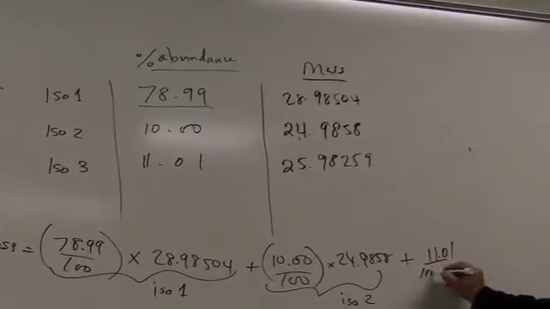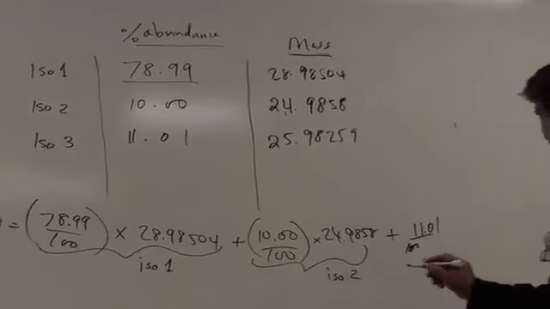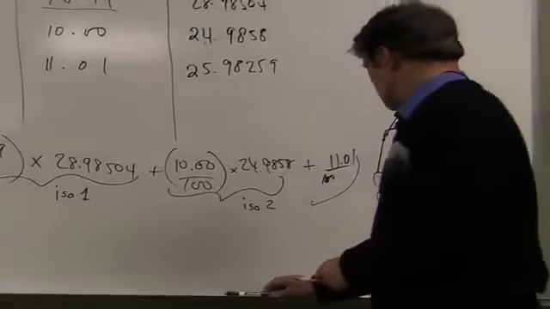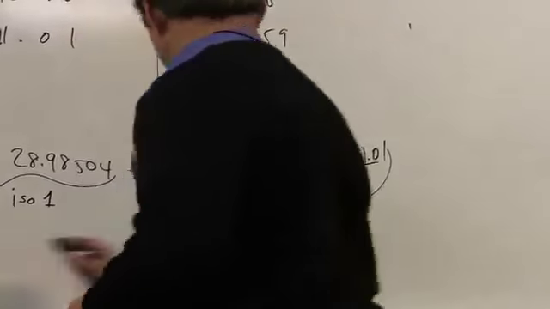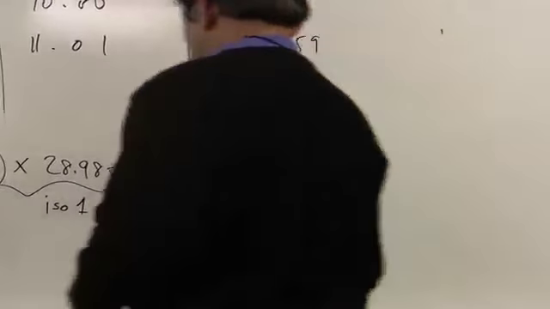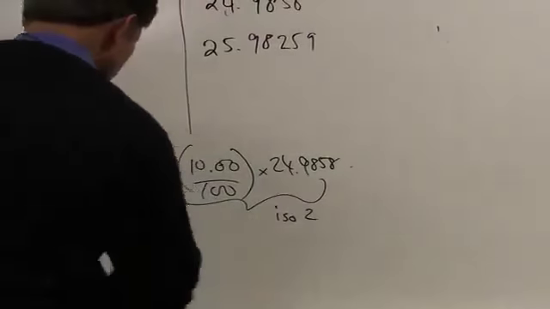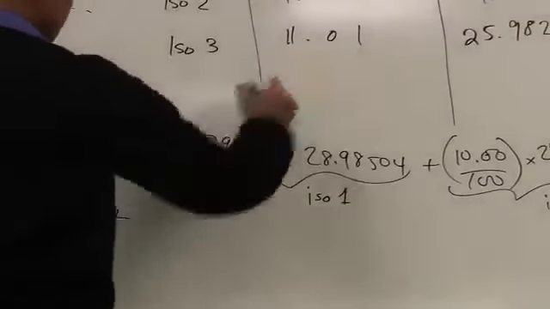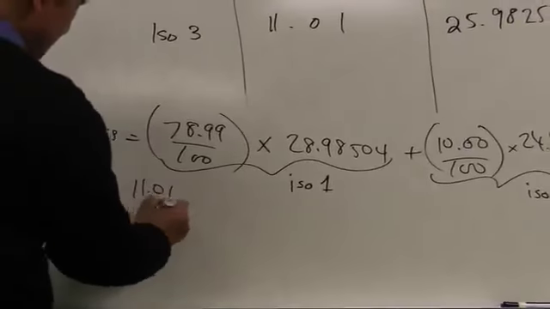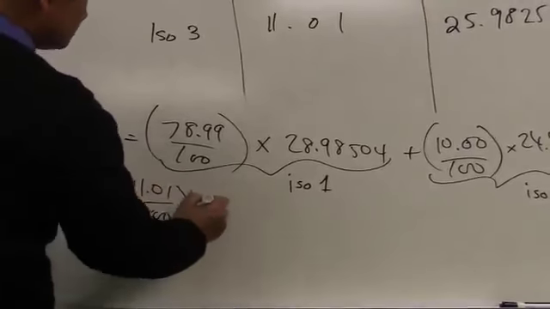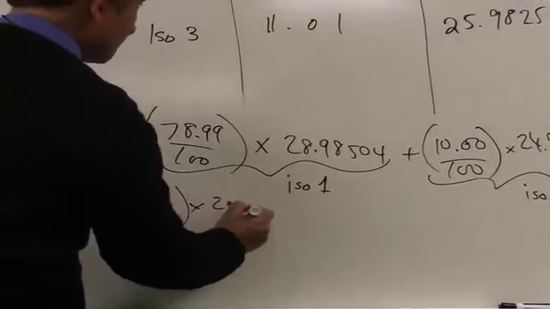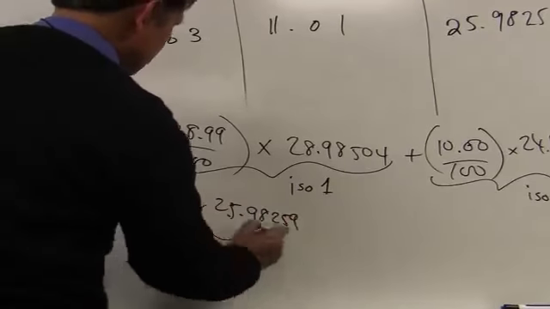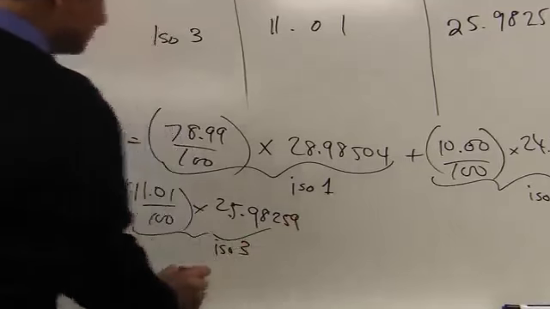I guess I'm getting too close to the edge, so I think I need to write down here. Let me rewrite this. You probably can't see this. The third contribution will be coming from here, 11.01 divided by 100 times 25.98259. That's isotope 3.